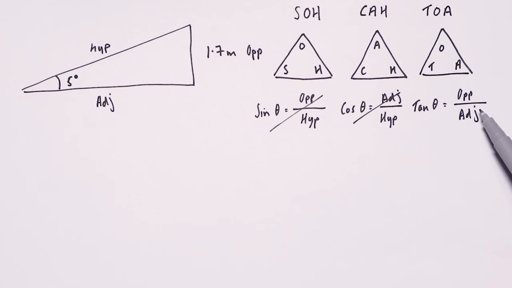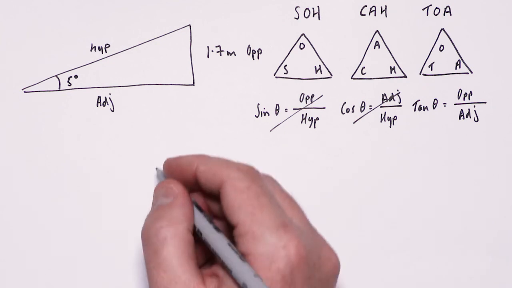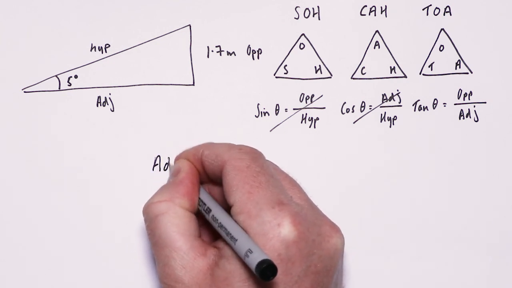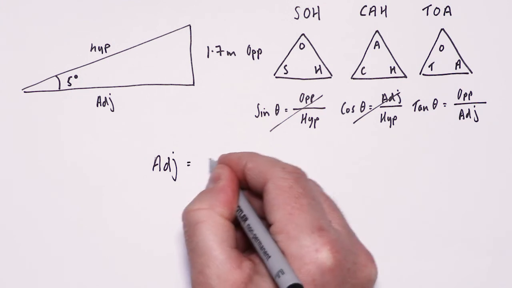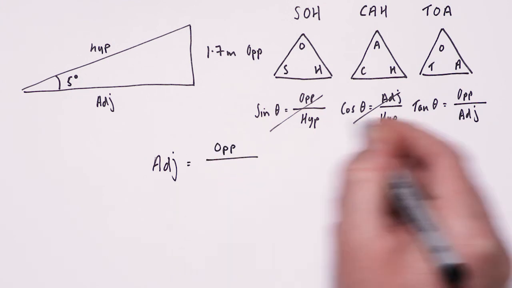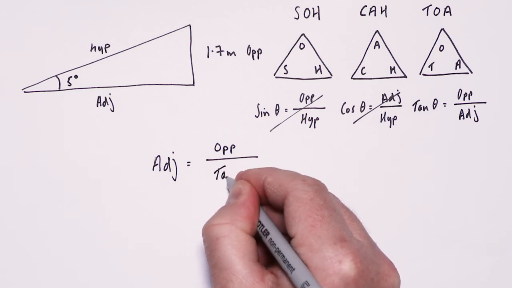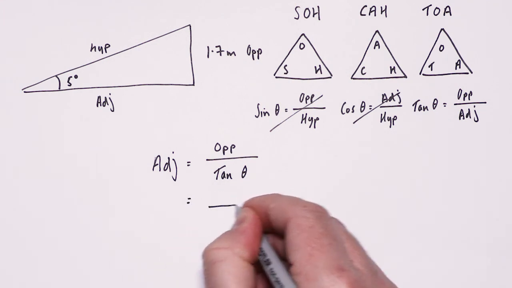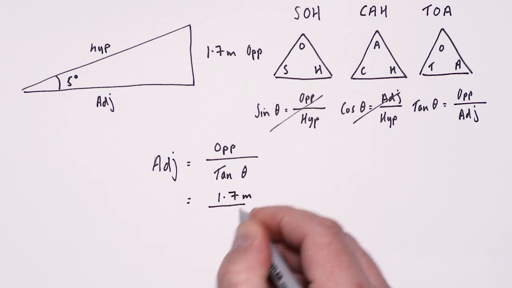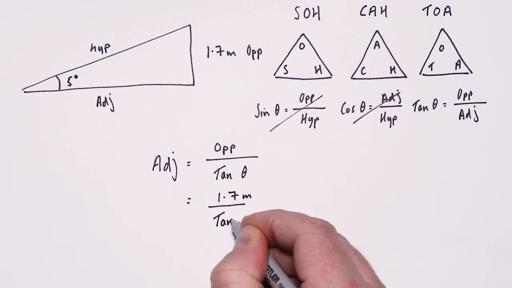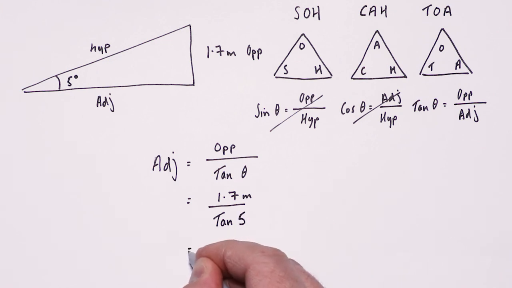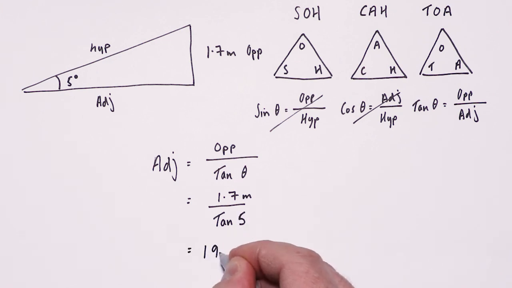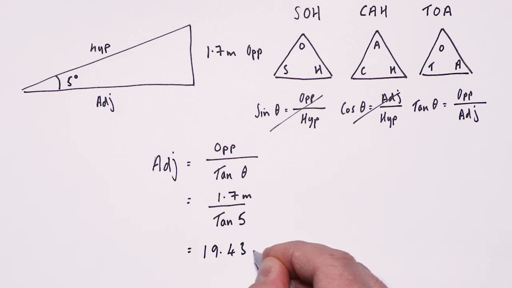Rearrange that equation so the adjacent is the subject, so that would be adjacent equals the opposite over tan theta, and then plug in our numbers. The opposite is 1.7 meters, that is over tan of 5 degrees, and that will give you an answer of 19.43 meters.